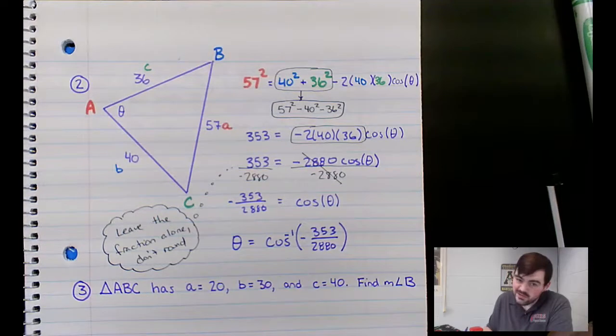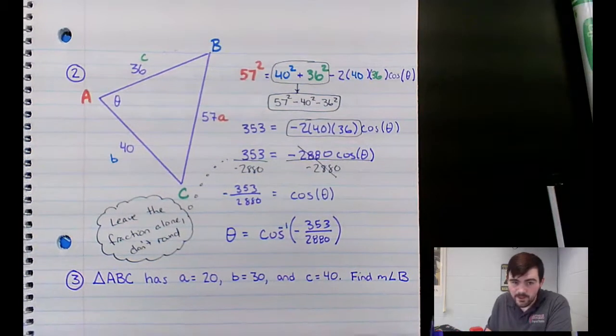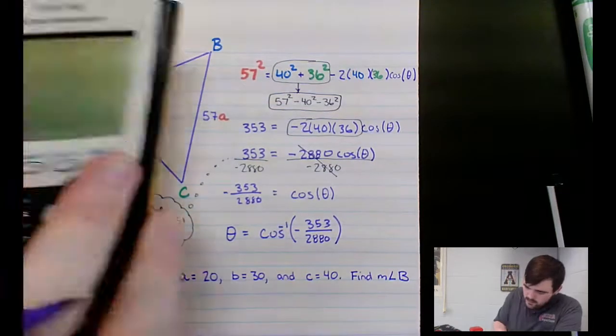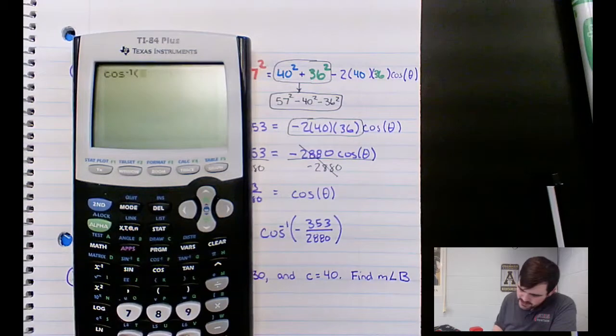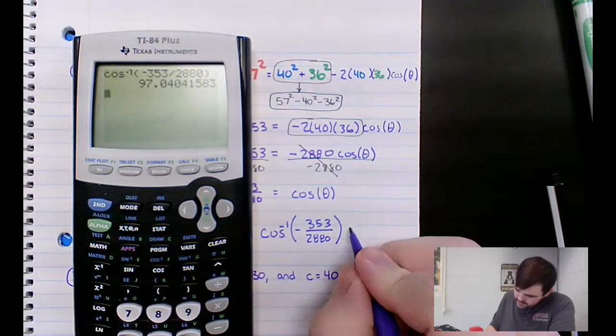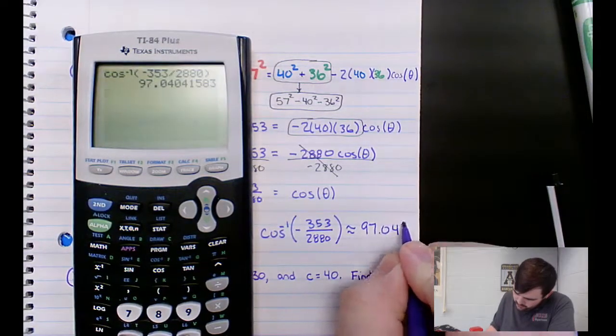Again, I know it's super ugly, but this is the exact answer, okay? Then just type that in your calculator. Make sure you're in degree mode. Second cosine of negative 353 over 2880. You get that that is approximately a 97.04 degree angle.